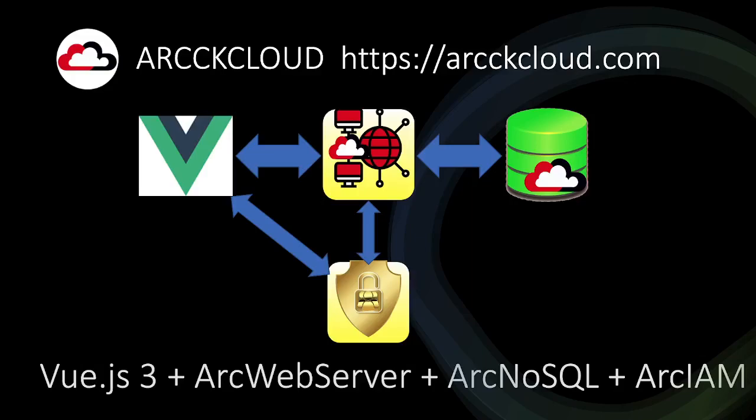In this session, I'm going to show you a Vue.js powered website which has authentication. It uses login and password to authenticate the user, and that user is going to be configured in the ArcIAM, and the security, the roles, and the security clearance of that user will be configured in the ArcIAM to control the user's access level.